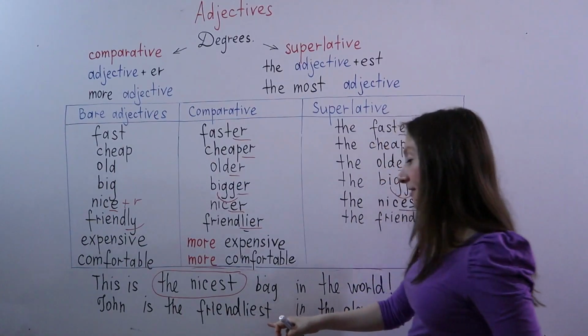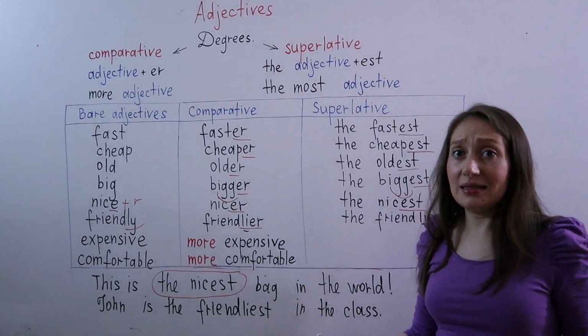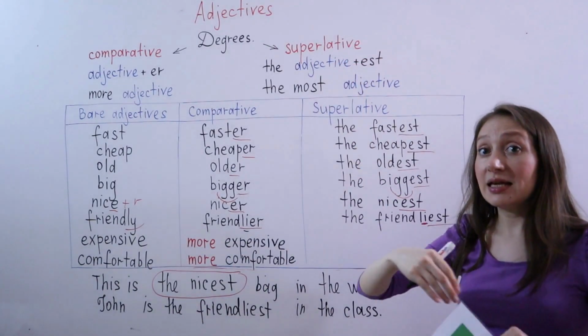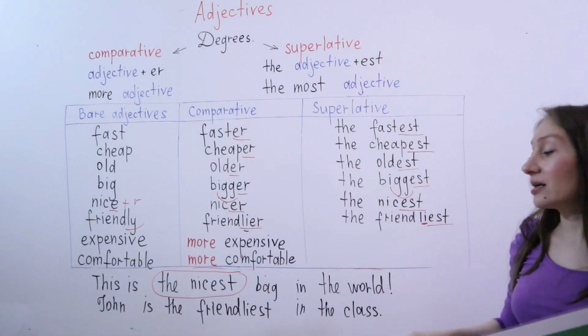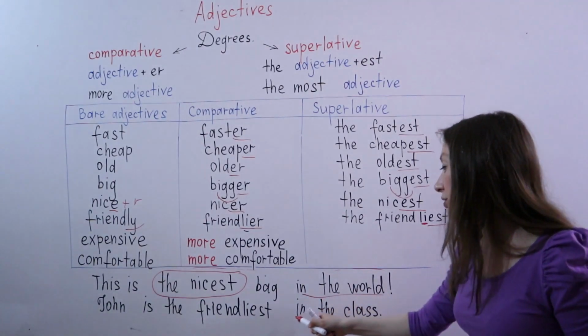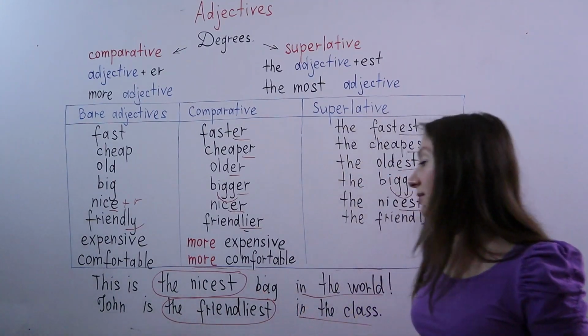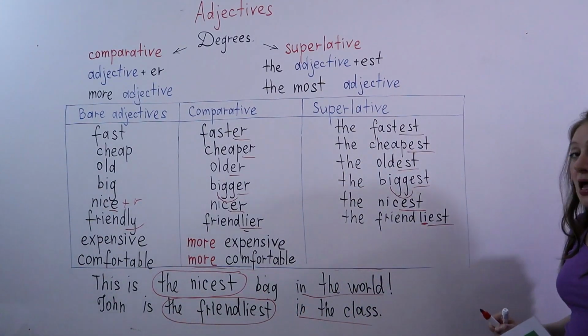You can say the friendliest student, or you can leave it the friendliest. He's the friendliest category in the class. Our categories are here in the world, in the class. He is the friendliest. All right?